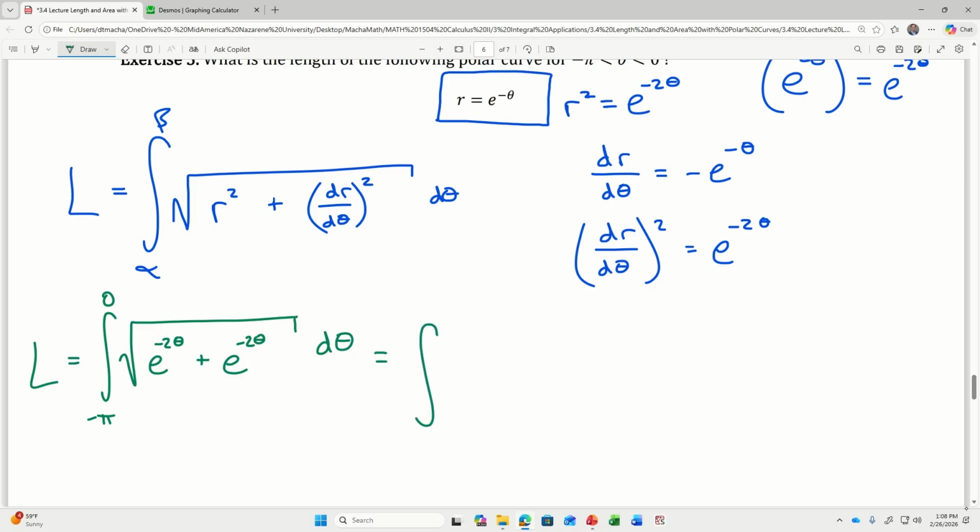So that will be the integral from negative pi to 0 of the square root of 2 e to the negative 2 theta, d theta.